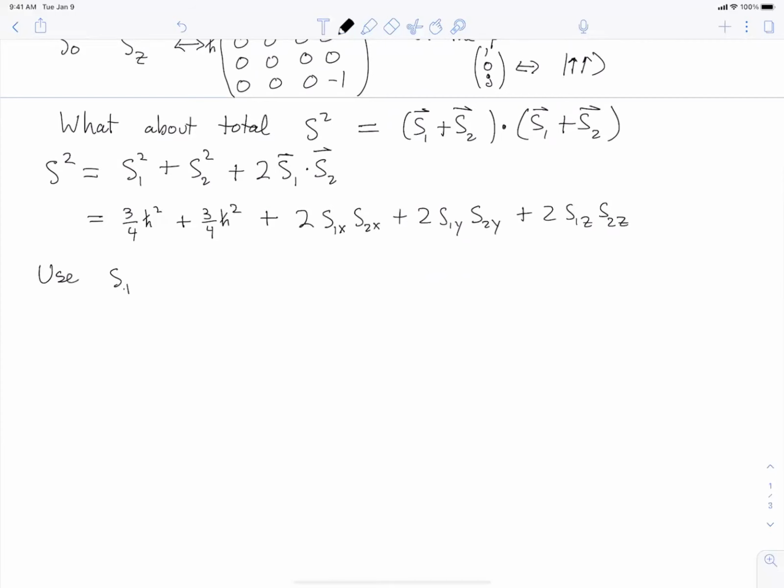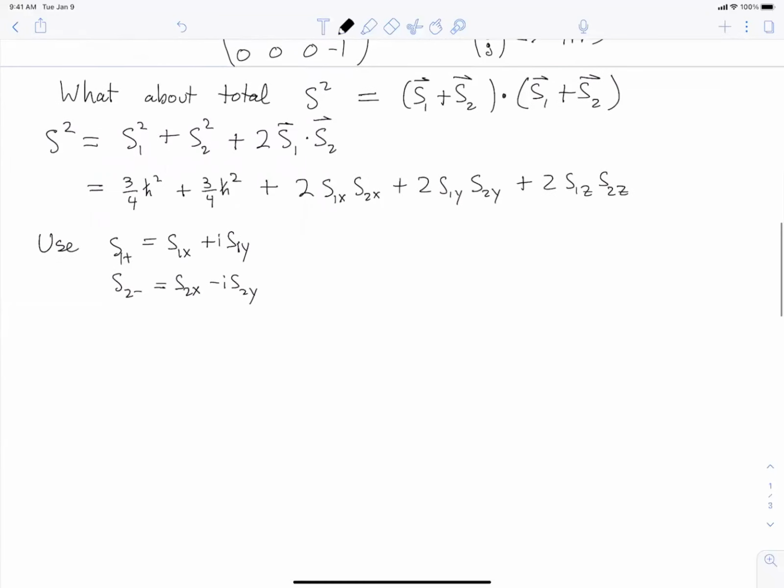If we take S1 plus, which is S1x plus i S1y, and S2 minus, which is S2x minus i S2y, and we multiply those together, we will get S1 plus S2 minus equals S1x S2x plus S1y S2y plus i times S1y S2x minus S1x S2y.